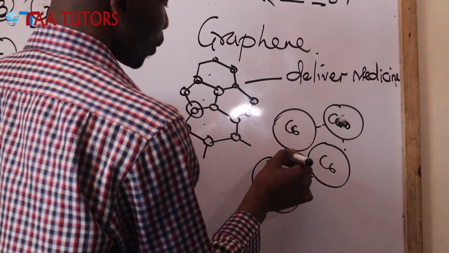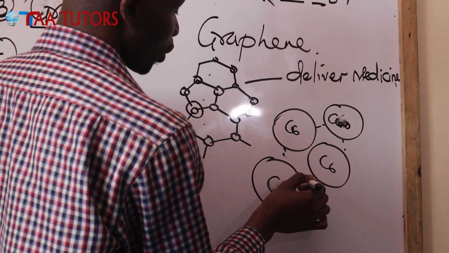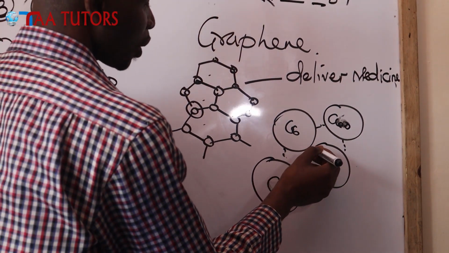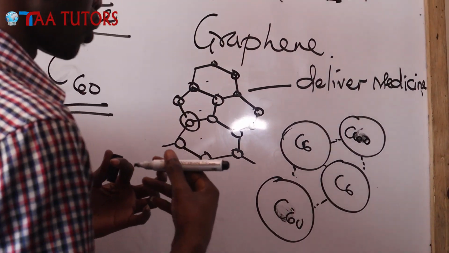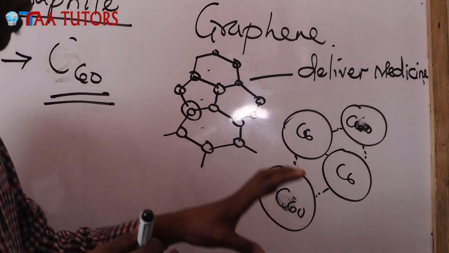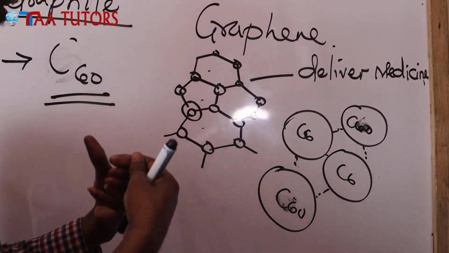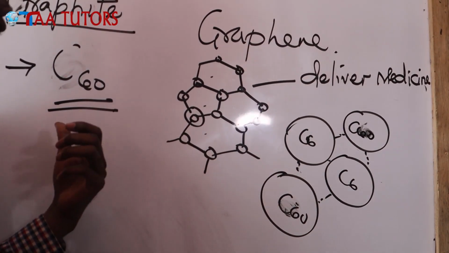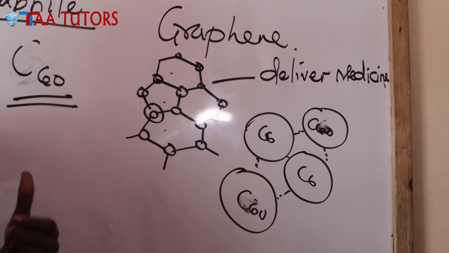That explains why these molecules have very low melting points, because they form molecules first, then the molecules are connected by weak van der Waals forces. That is exactly what is happening in simple molecular structures. That's why we say they have very low melting points.